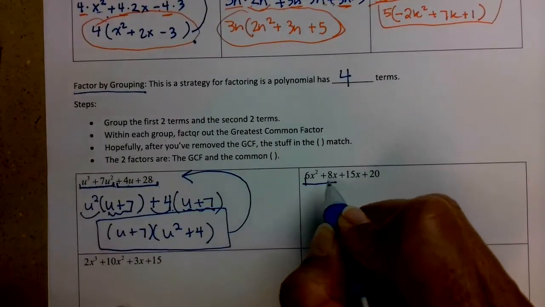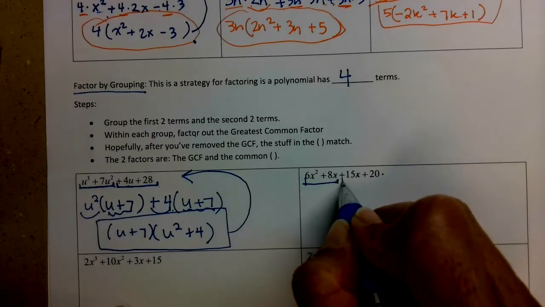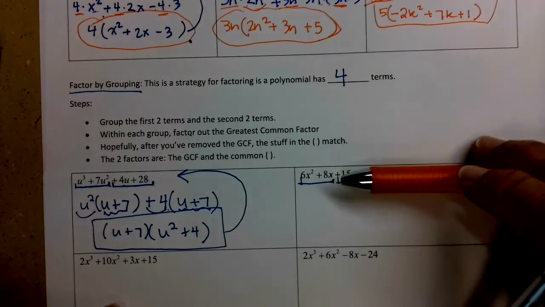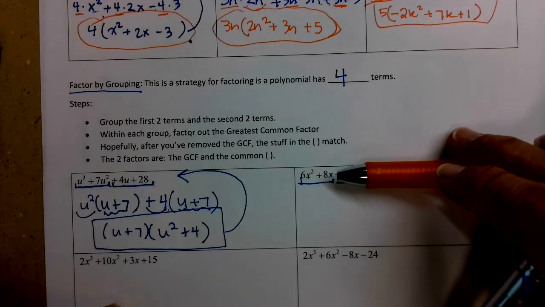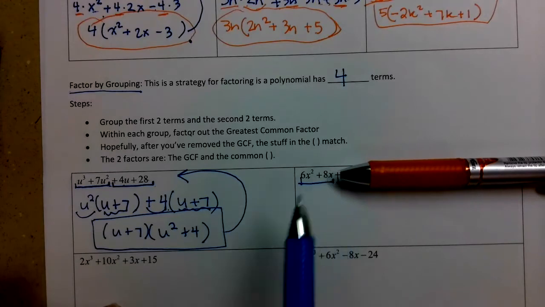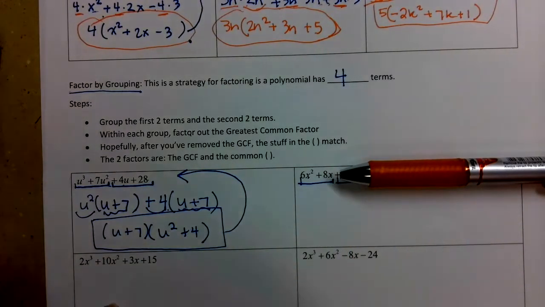So 4 terms, 1, 2, 3, 4. Group the first two, group the second two. Okay. Now ignore the second two. Okay, greatest common factor of 6x squared plus 8x.